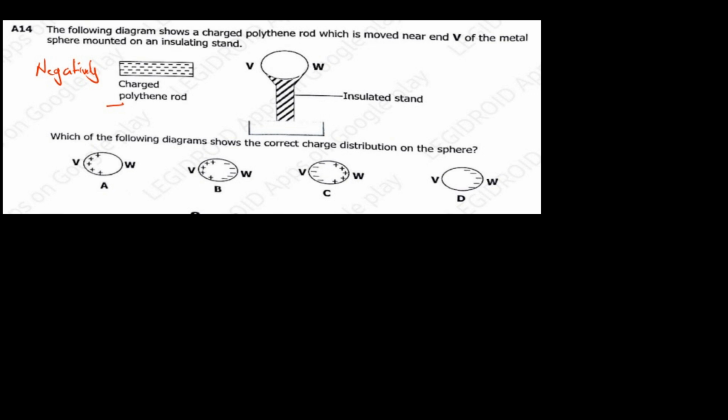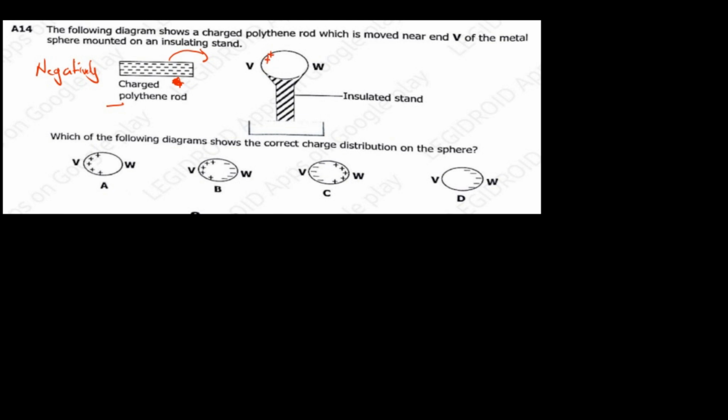So if this is negative right here, then the positive charges of this metal sphere, not the negative, the positive charges, are going to this part of the sphere, because they're attracted to the negative charges of the polythene rod, and this will leave the negative charges on the other side, W, of the metal sphere.